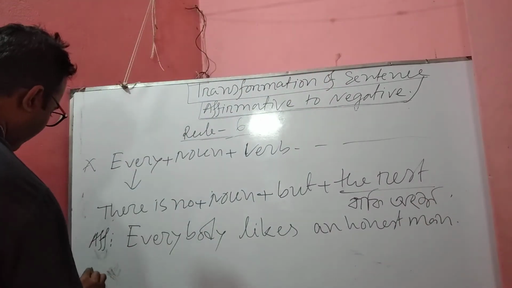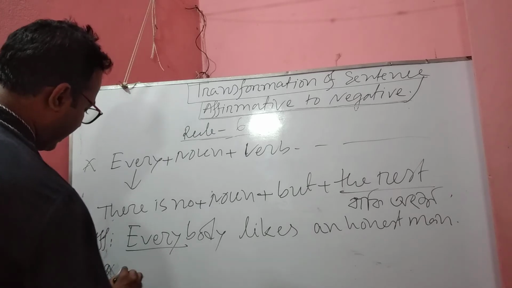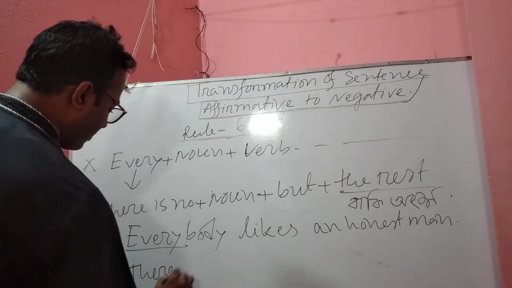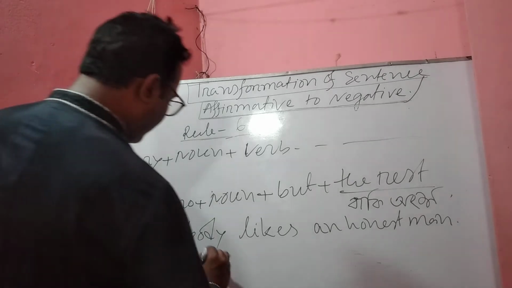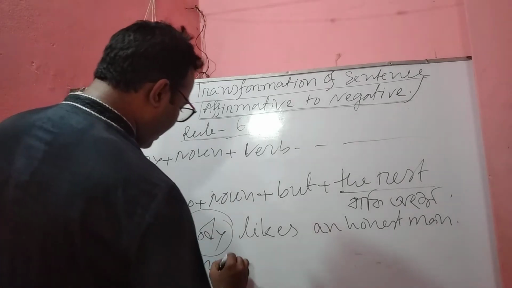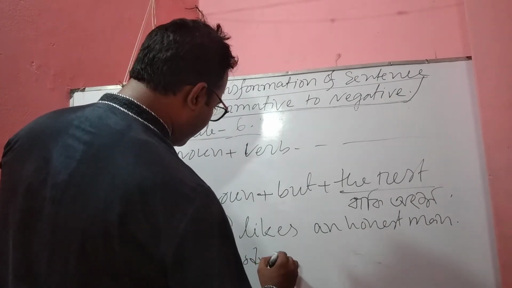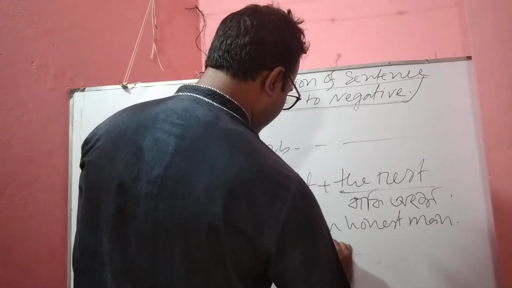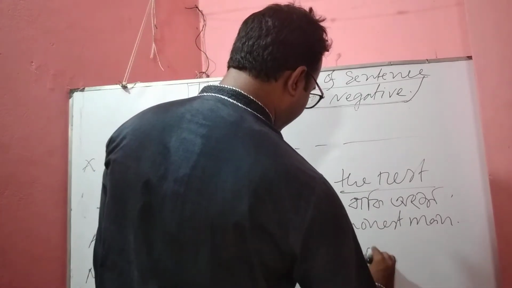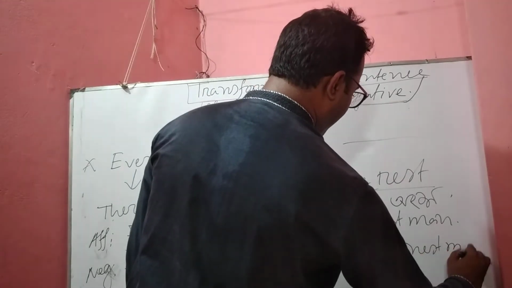So, in negative form, we have to use there is no instead of every, then body plus but plus the rest: There is no body but likes an honest man.